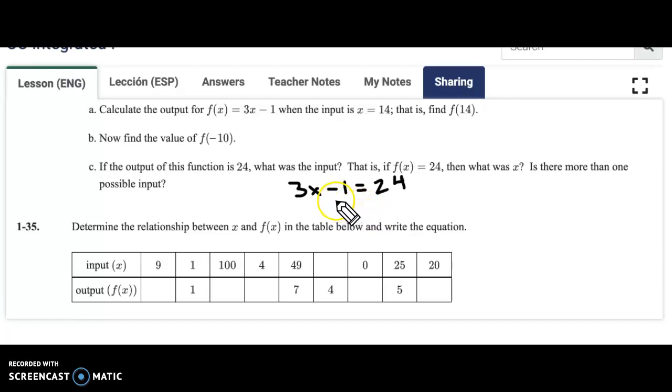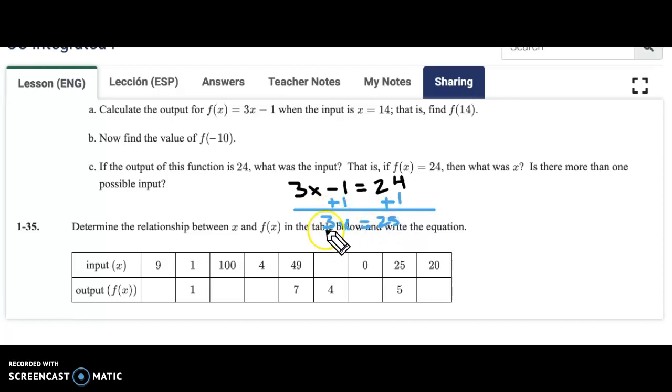The other way you can do it, again, is like we did in the last chapter. We can solve an equation. So we want to get this one over here because we want the x by itself. So we are going to add 1 to both sides. Okay, so then we will get 3x on this side. Sorry that it's over the letters. And then 24 plus 1 is 25 on this side. And then we want to get this x by itself.